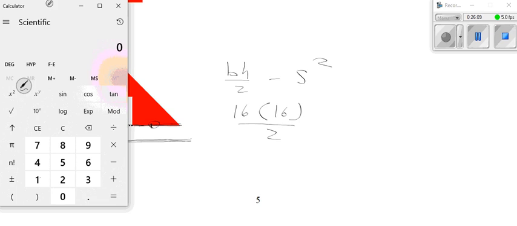Now look, I could say 16 times 16, but what button can I press here that does 16 times 16 for me? That button right there. 16 times 16 is 256. And 256 divided by 2 is 128. So the area of the triangle, if nothing were cut out, would be 128 meters squared.